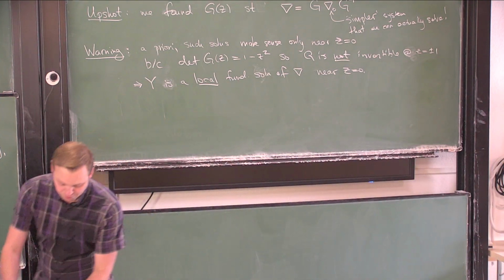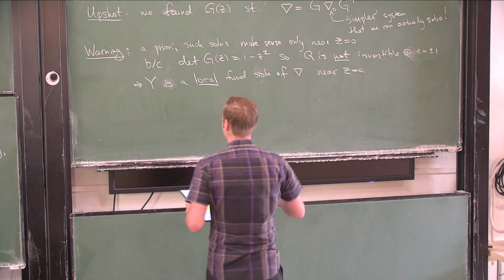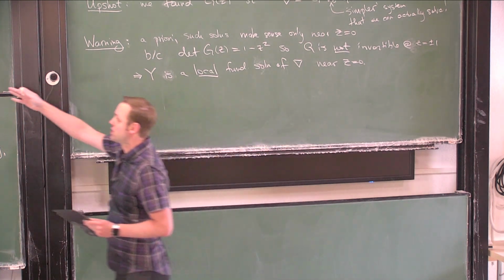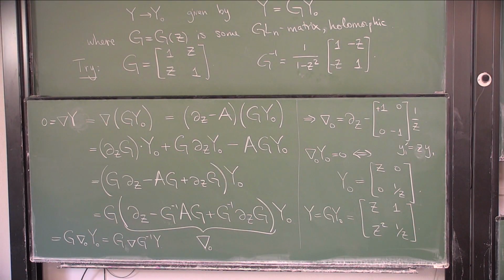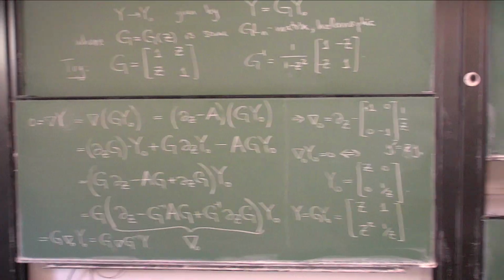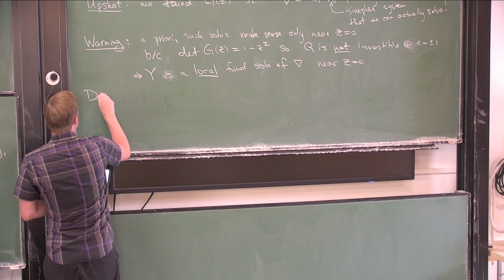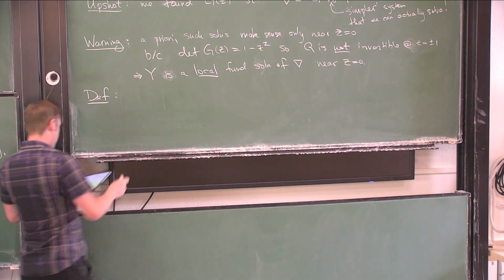And our main technique is going to be precisely this kind of operation that we did, which is to introduce a matrix G to simplify our system. So let me now introduce a bunch of definitions to kind of axiomatize this stuff that we've seen.